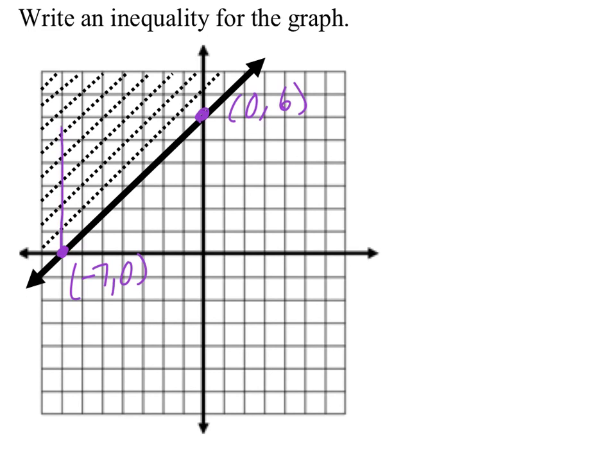So from here we go up 6, and then right 7, and it would look like that. So the slope is 6/7. So the equation, so again, I know we're doing an inequality, but the equation would be y equals 6/7 x plus 6. Now we need the inequality, and we need it to go up the y-axis.